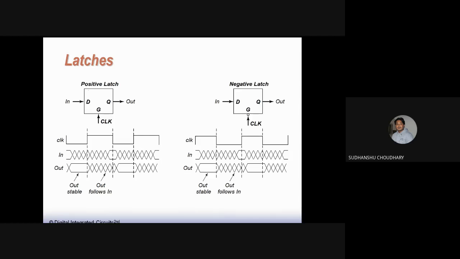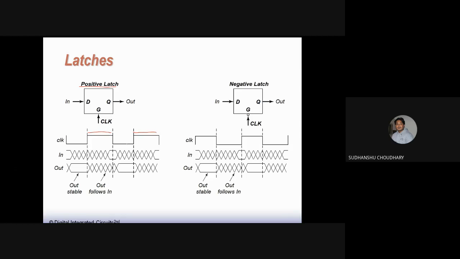So this is a positive latch. We say positive because we don't have a bubble at the clock, and this is a negative latch because we have a bubble at the clock. A positive latch will copy D to Q when the clock level is high, that is in this duration and also in this duration.